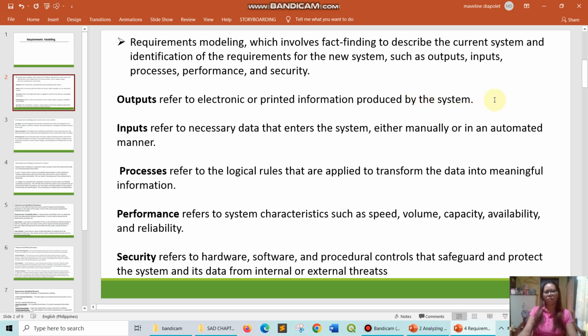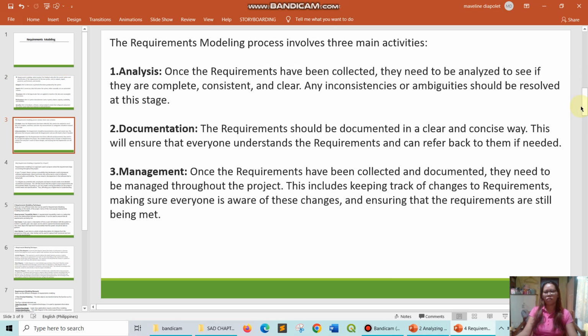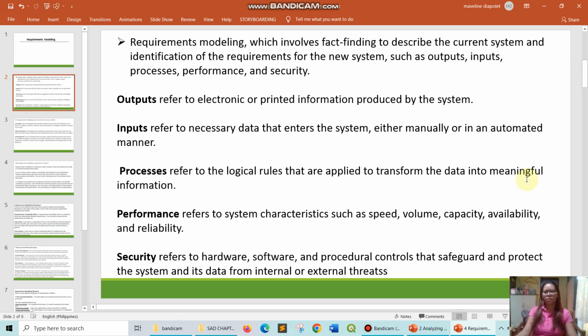So mga na ang result sa system. Inputs refers to necessary data that enters the system, either in a manual or automated manner. And process refers to the logical rules that are applied to transform the data into meaningful information.